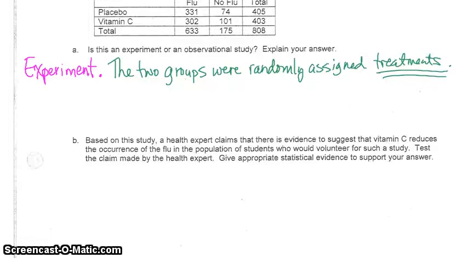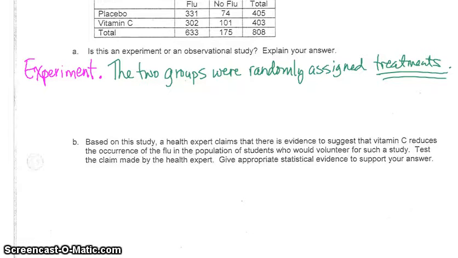Our part B is give appropriate statistical evidence to support a test based off of the health experts. So let's set this up. Okay, we have our two proportions for our parameters, and then we have our null and alternative hypothesis. So let's set this up. You guys try it and then you'll see mine.